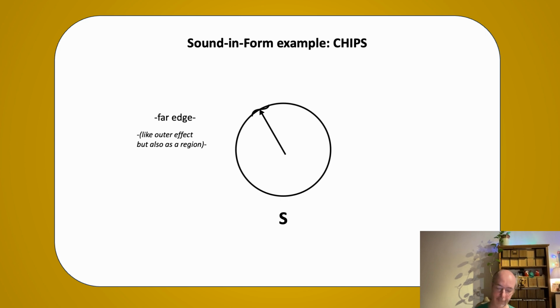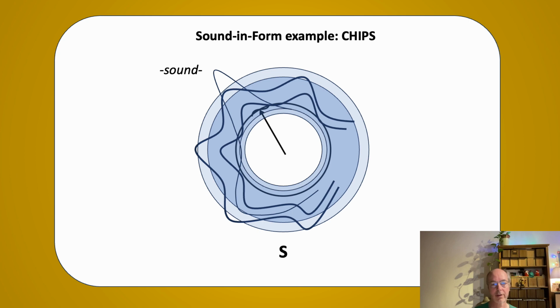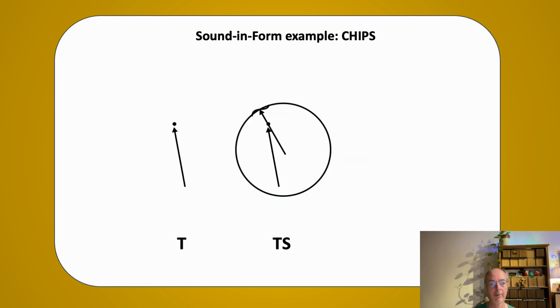It's the outer effect, and you can describe it as a region. As you can hear in the word sound, it is the region, the S is the outer region, the higher frequencies, the outer reach. So if we use the letter S, it could be that we're already referring to these outer regions. So not something which is near, but something taken out at a certain edge.